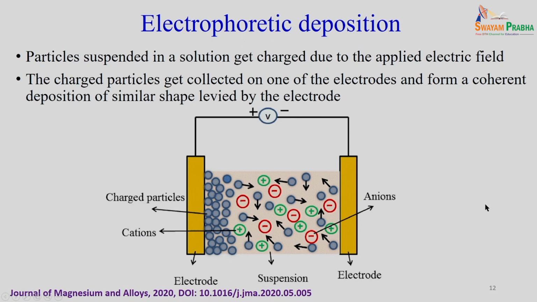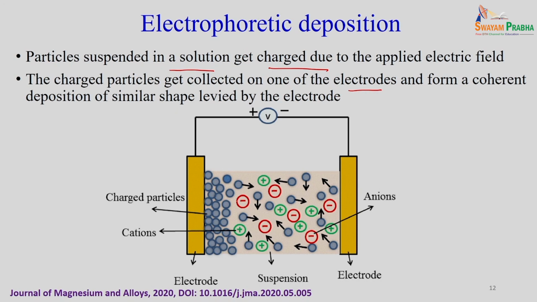Now, the next method is electrophoretic deposition. As you know, we have two electrodes, and when the particles are suspended in the solution, they will be charged. If you apply an electric field, these charged particles are collected on the electrode and form a coherent deposition.